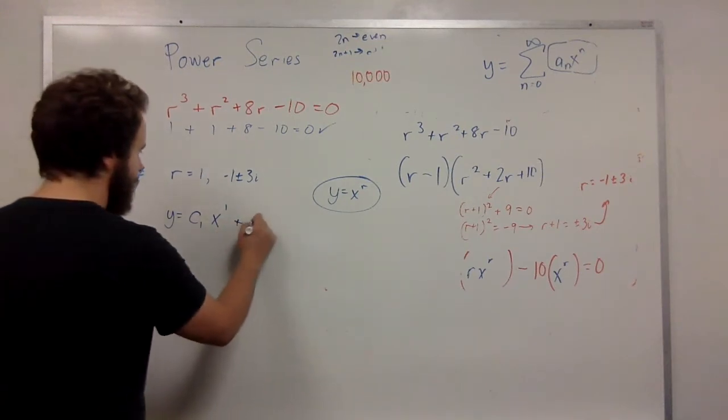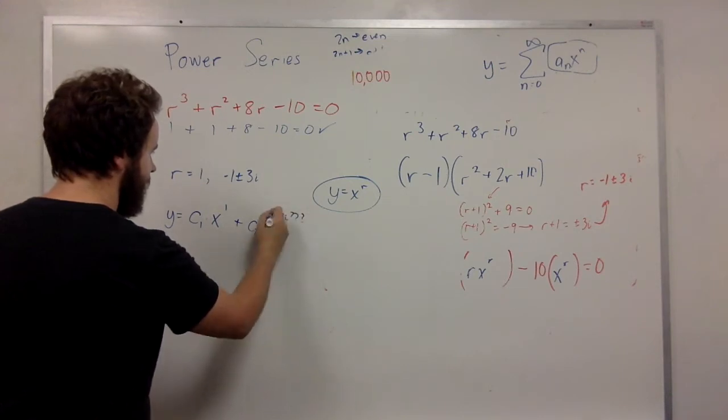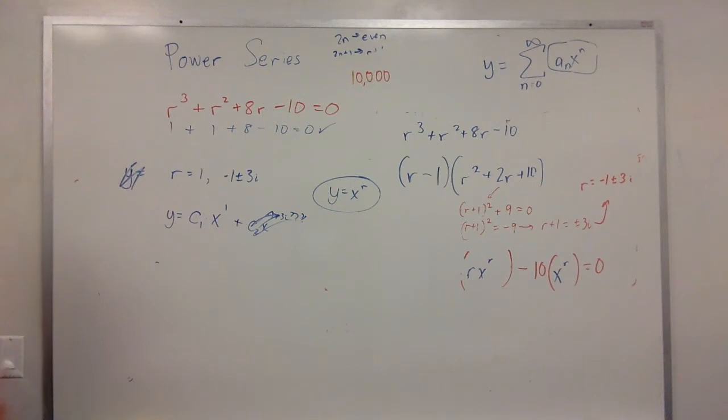What about this guy? What do we do here? Plus c2 x to the negative 1 plus 3i. What is going on here, right? Well, when this happens, here's what you do.